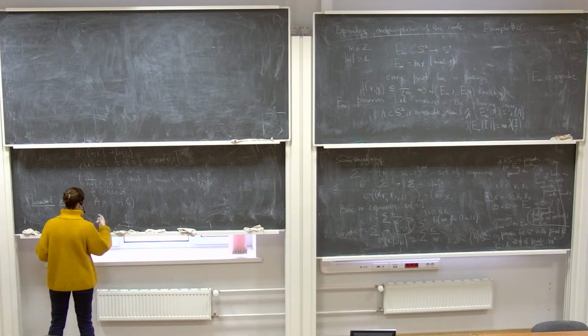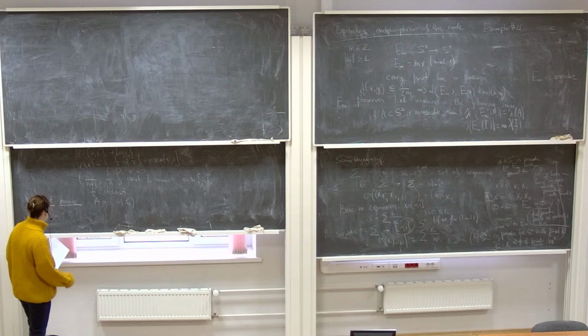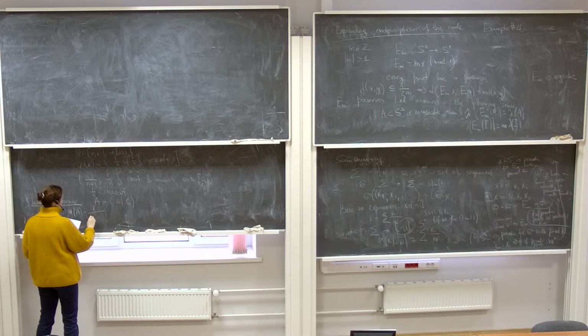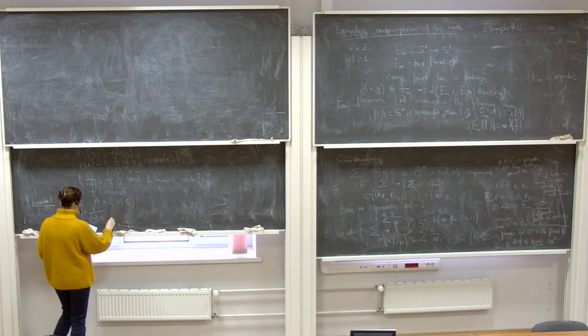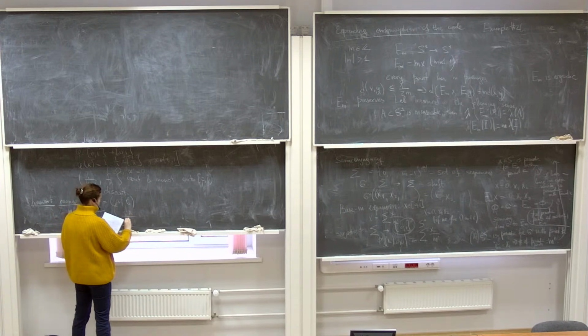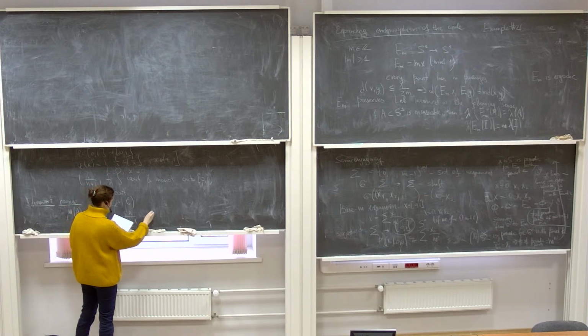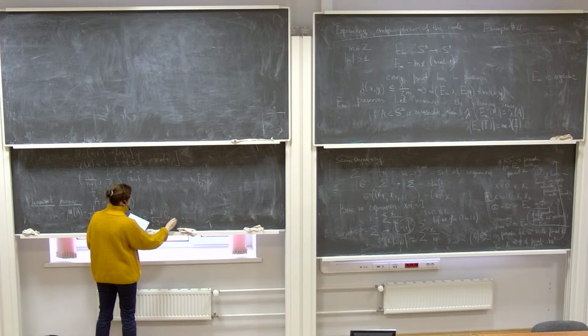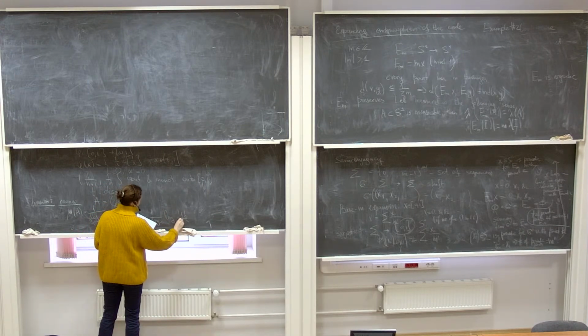So we need to be able to measure such intervals, and the measure of such an A is nothing else than 1 over log 2 integral dx over x plus 1. So if you compute it, it's log of (1 plus b) over (1 plus a).